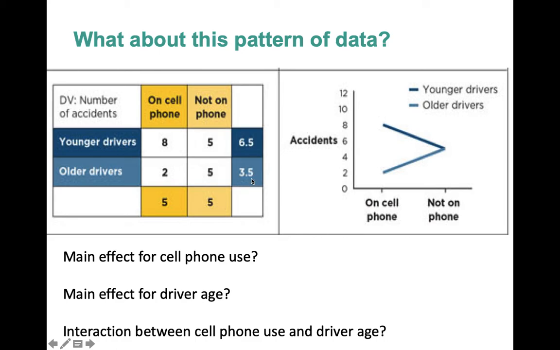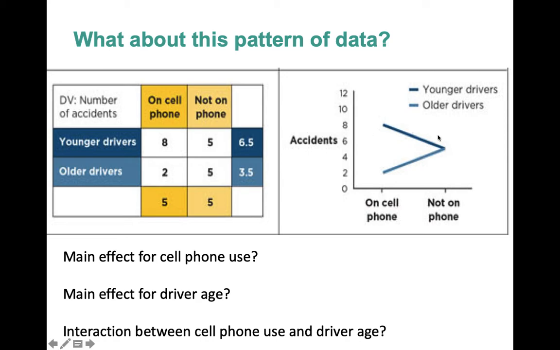So the reason that we have this overall effect of younger drivers getting in 3 more accidents on average is because we're looking at a difference of 6 here and a difference of 0 here. So it averages out to 3. But the pattern is really that we get this big effect in the cell phone condition such that young drivers get in more accidents than older drivers, but that doesn't happen when not on a cell phone.